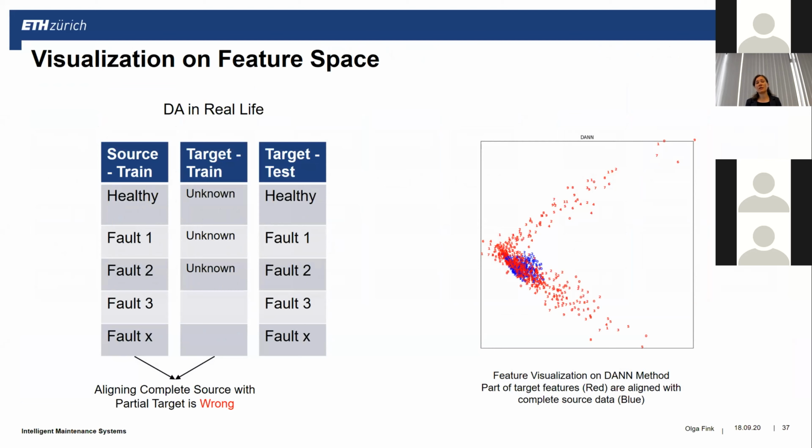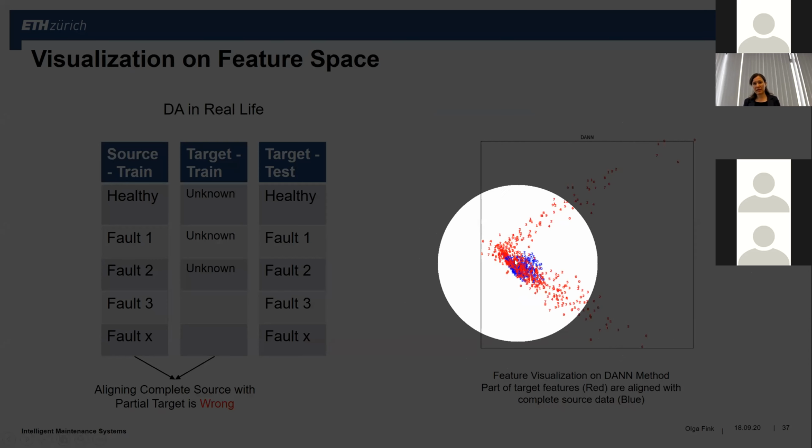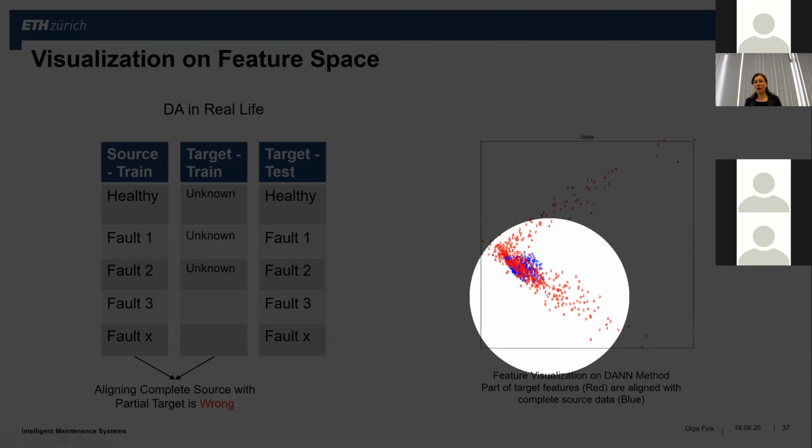This is just a very small representation, a simple PCA applied here, where the red ones are the target features and the blue ones are the source features, and we are ending up with the wrong alignment, so that would not work for us. And for example, that could be our context that we have on the source.